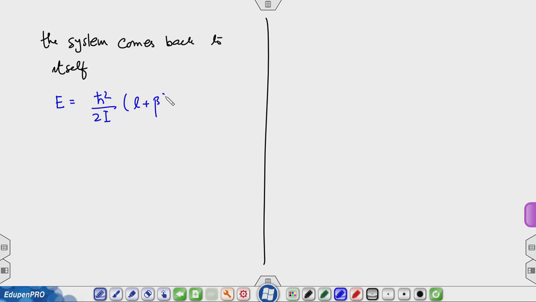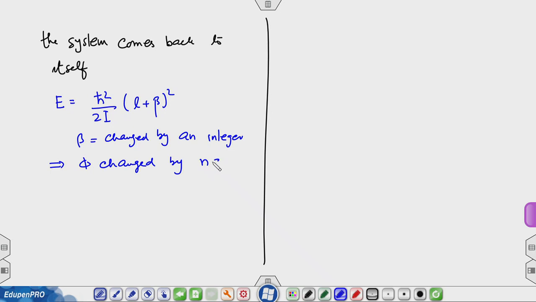L plus beta square, and if beta is changed by an integer, which implies phi changed by n times phi 0, then the system is identical to the previous system. So, energy spectrum does not change. System comes back to itself.